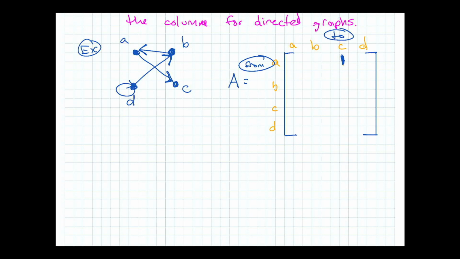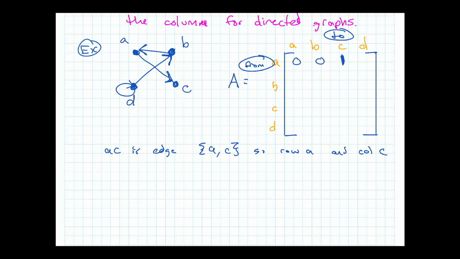This is edge AC; A comma C is the way they would write it. So that's row A and column C. You just have to put it in the right place. And that's the only one.